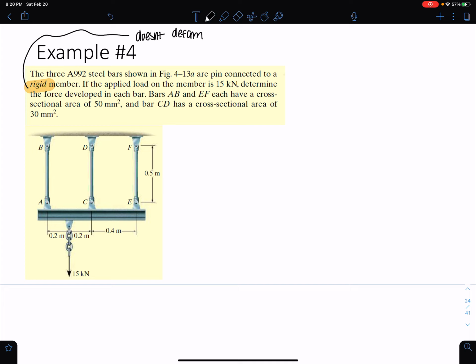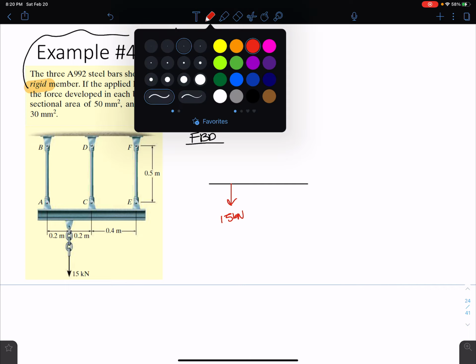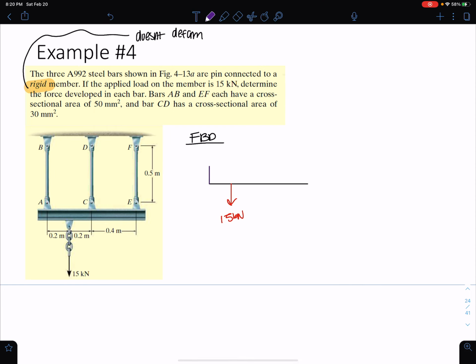Okay, so the reason this is statically indeterminate is because if I want to draw my FBD here of the bar, what I end up getting is this 15 kilonewton load, and then I have FA, FC, FE.